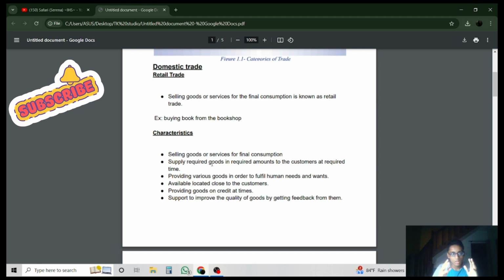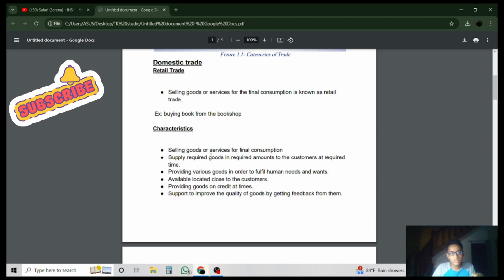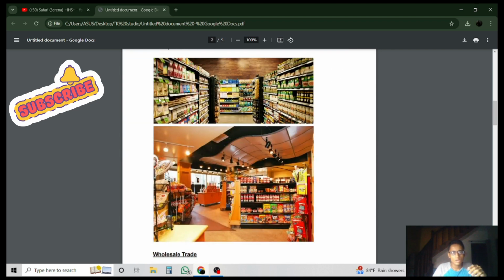In the textbook they have separately mentioned the characteristics and advantages, but here I have mentioned both under one topic, so there's no confusion. So let's move on to the next one. As you can see, this is a retail trade shop.